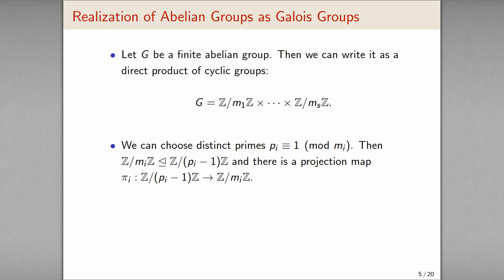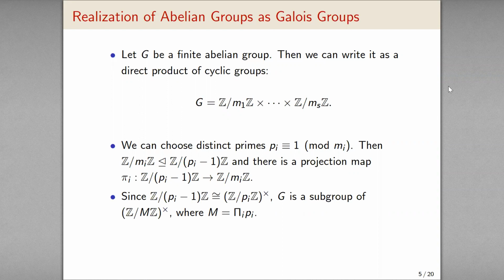Since Pi is prime, the group Z over (Pi minus 1)Z is isomorphic to (Z over PiZ) star. And if we take the direct product over all i's, we see that the group G is a quotient of the direct product of all (Z over PiZ) stars.